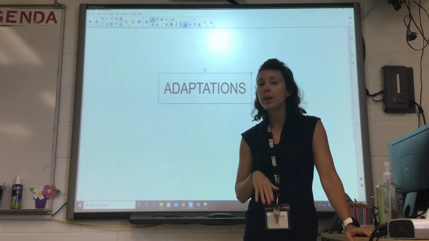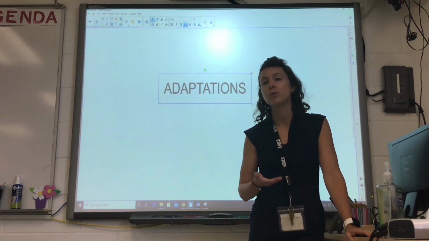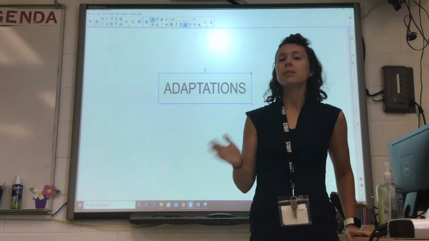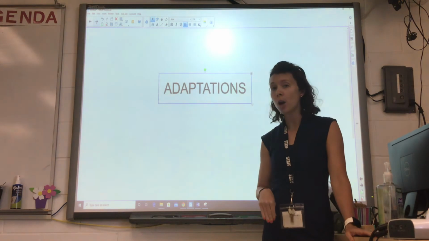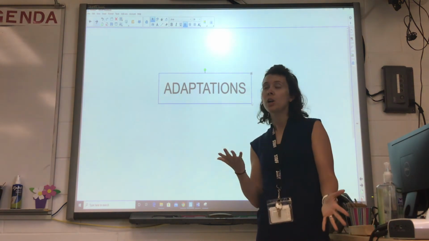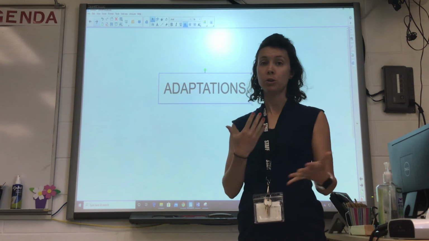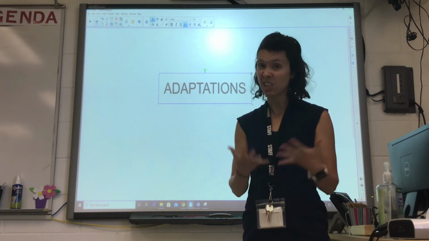Now, today on your quiz, it's going to be asking you about beaks and why beaks would be better suited for different environments. So let's think about the marsh. When we were in the marsh, what would work better? Marsh has water. So in the kitchen, what kind of things do I use when I'm trying to eat things that are watery based?